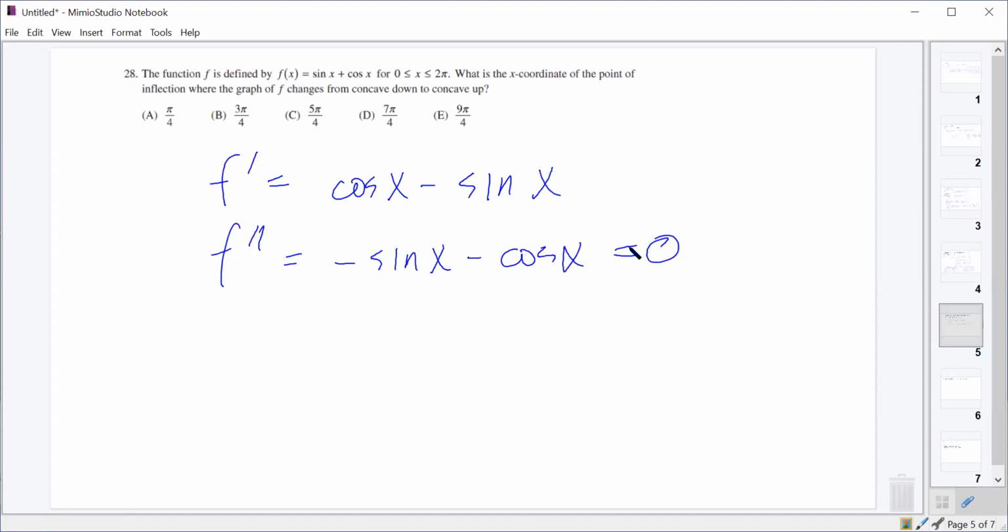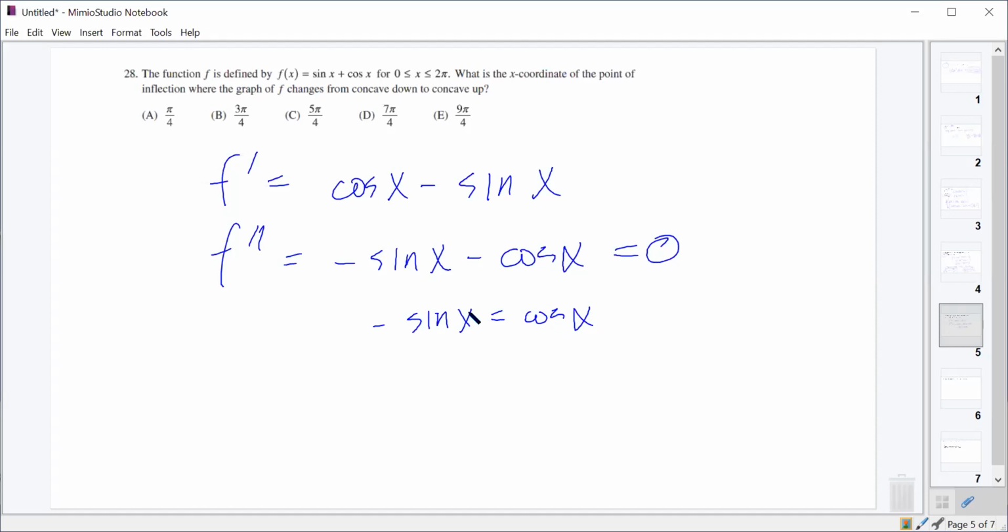And so this gives us negative sine x equals cosine x. That can only occur at increments of pi over 4 when sine and cosine have opposite signs. In the first quadrant, sine and cosine have the same sign, so that won't work.